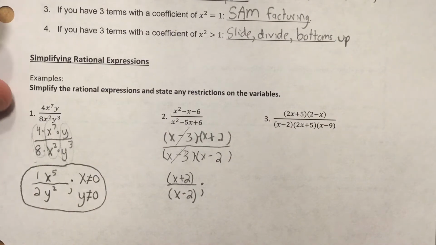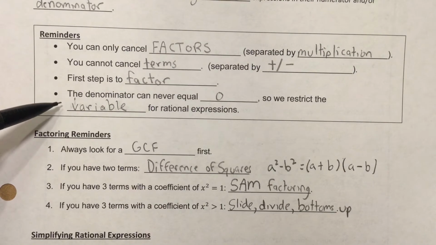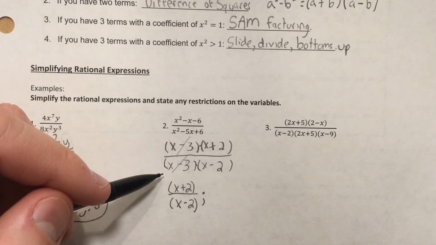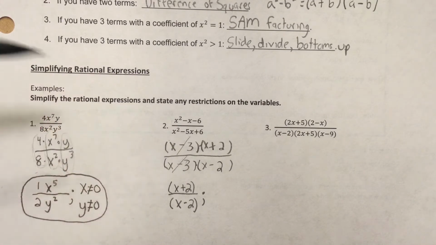And then now I go back. And again, we have to restrict the variable. So basically, again, what we're saying is anytime the denominator is 0, that'll be undefined.